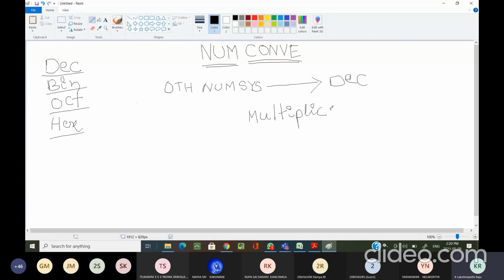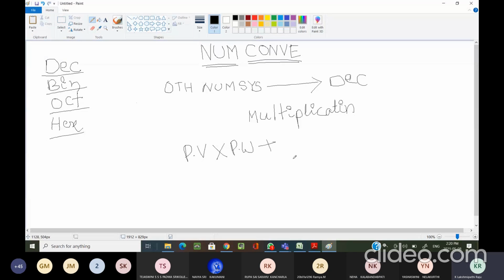Now, what are we multiplying? We are multiplying positional values with positional weights, and after multiplication, we add all those sums.